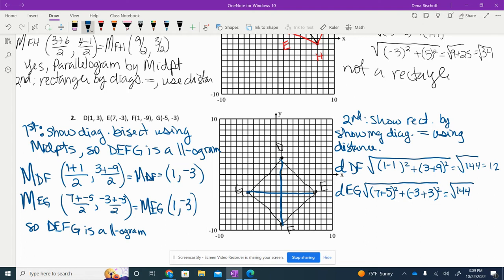Negative 3 and a positive 3 is 0, and 0 squared is 0, so the square root of 144 is 12. So DEFG is a rectangle.